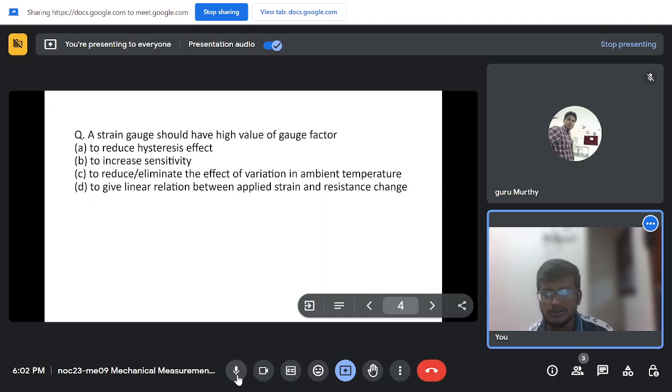I repeat, a strain gauge should have a high value of gauge factor. So why is a high value of gauge factor preferred?